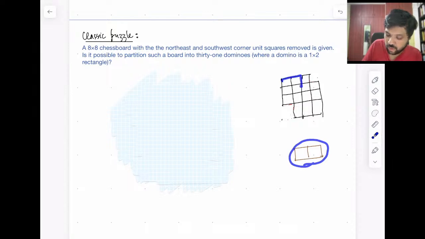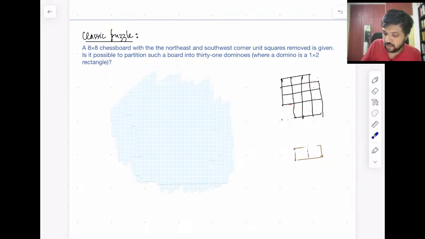Meaning, you could place one like this, one like this, one like this. But if you place it like this, you'll be in trouble. If you start filling it in, at the end you could not do it. So the question is, can you argue somehow you can never do it?